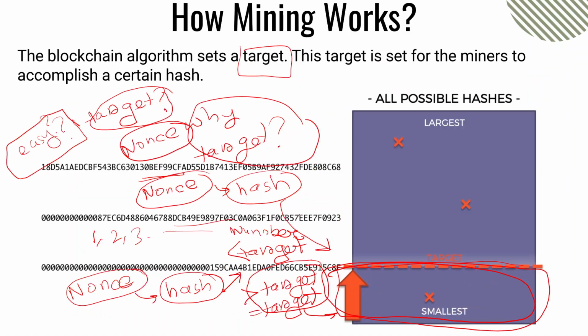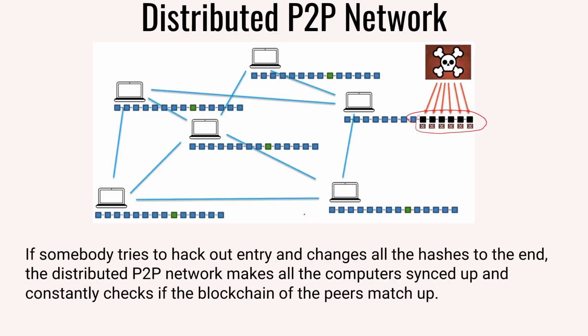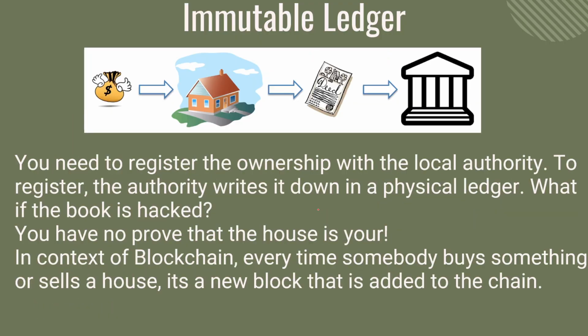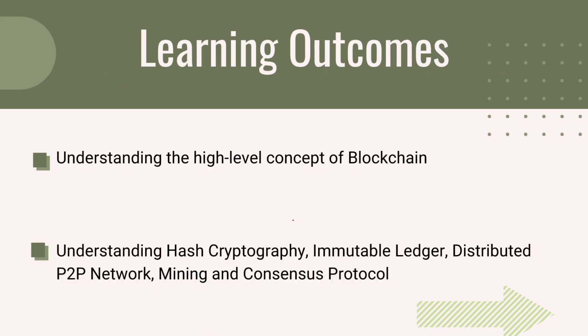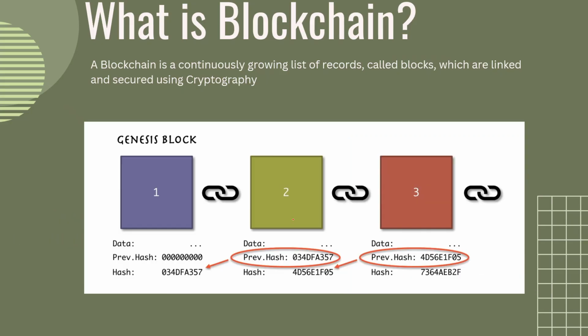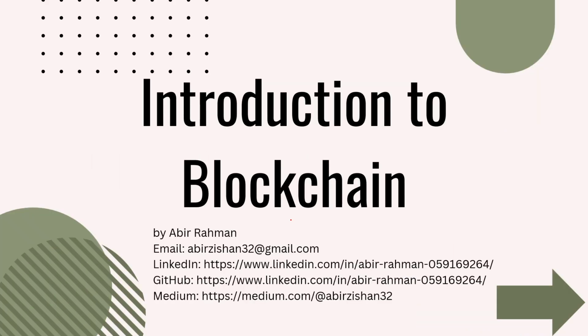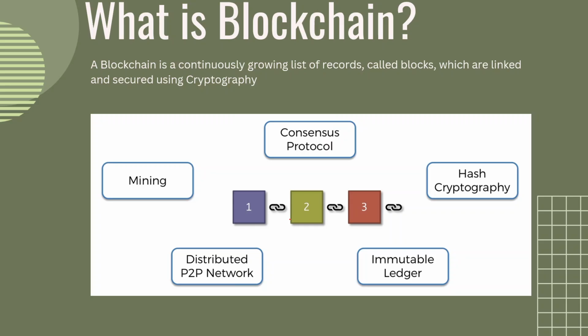So this concludes the 5 topics of blockchain, which are very important to understand blockchain. If you want to learn blockchain, you have to understand these 5 topics very well, because without them, you won't be able to understand the basic transactions of blockchain.